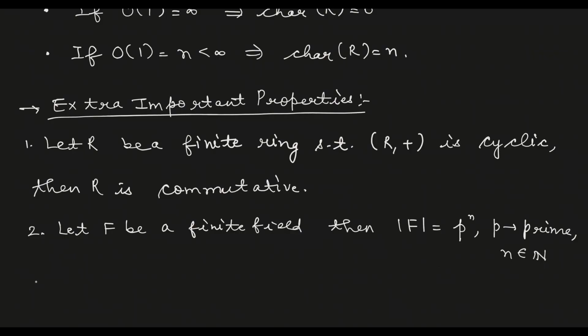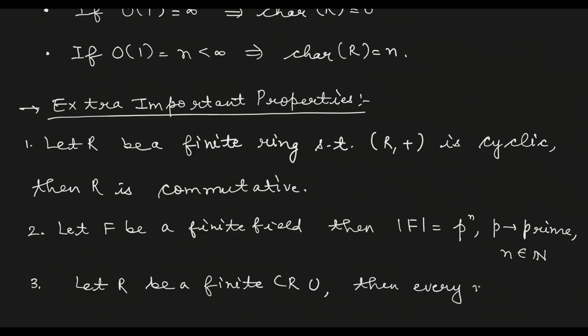Third, let R be a finite commutative ring with unity, then every non-zero element is either a unit or a zero divisor.